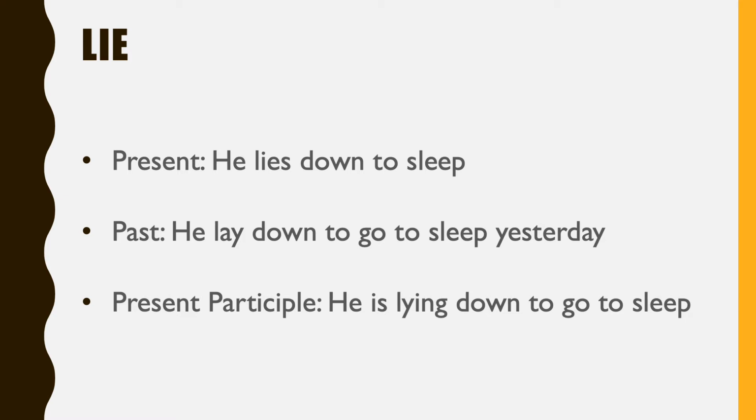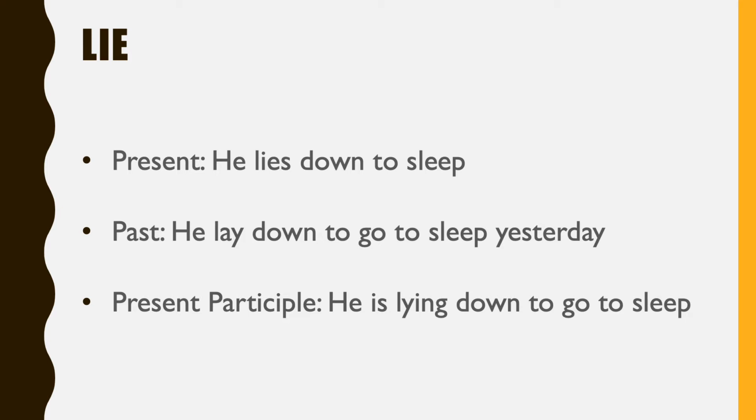He lay down to go to sleep yesterday. That is the past tense. Some people want to say he lied down, but that is not right. So here you have to use the word lay for the past tense of lie.